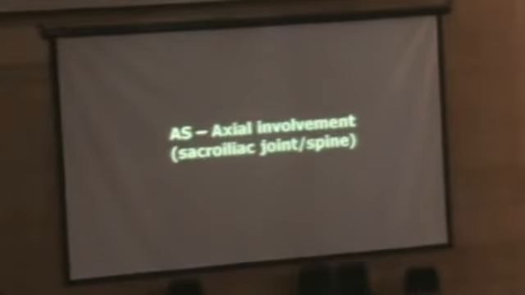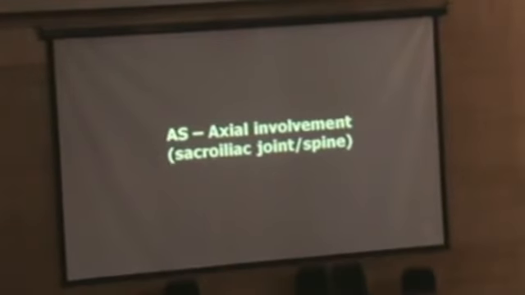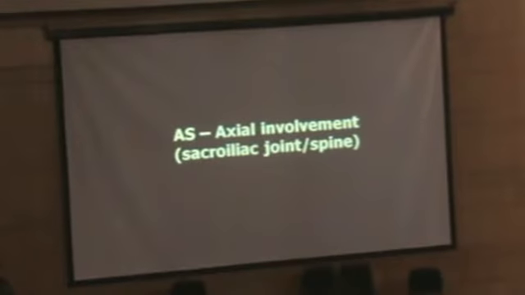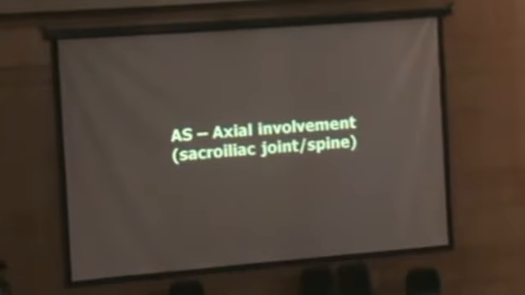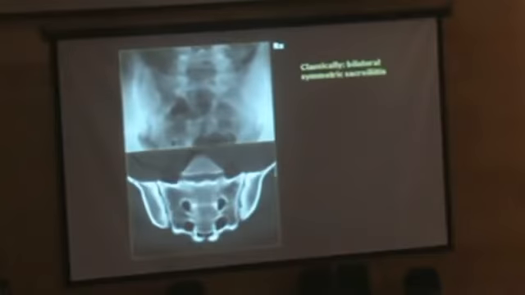So I'm going to show you some features of the axial involvement, which is the main involvement in ankylosing spondylitis, starting with the sacroiliac joint. Classically, and described in the books, everyone can read that in radiology books, it's the bilateral and symmetric involvement of the sacroiliac joints.